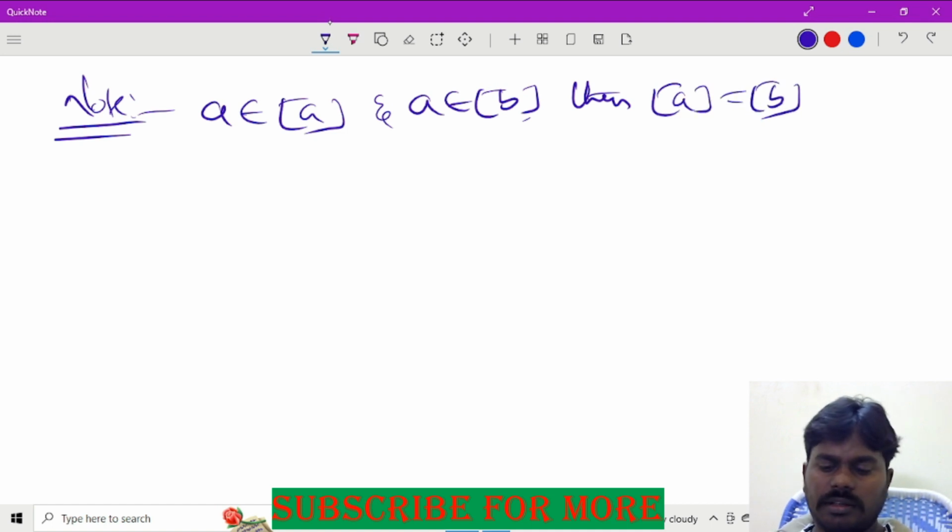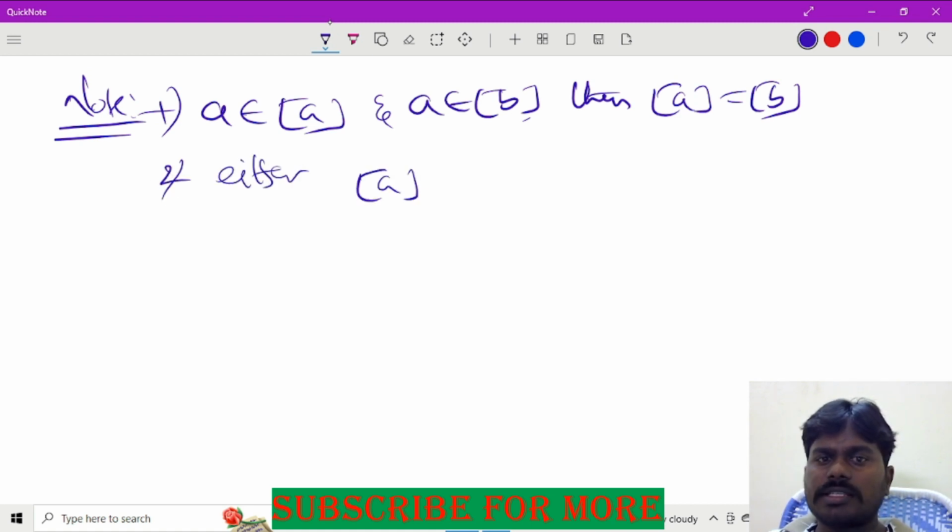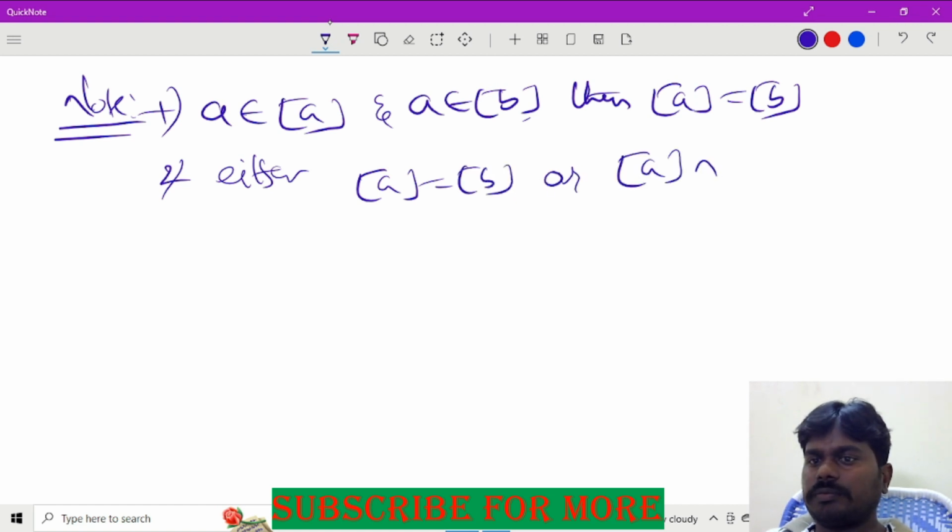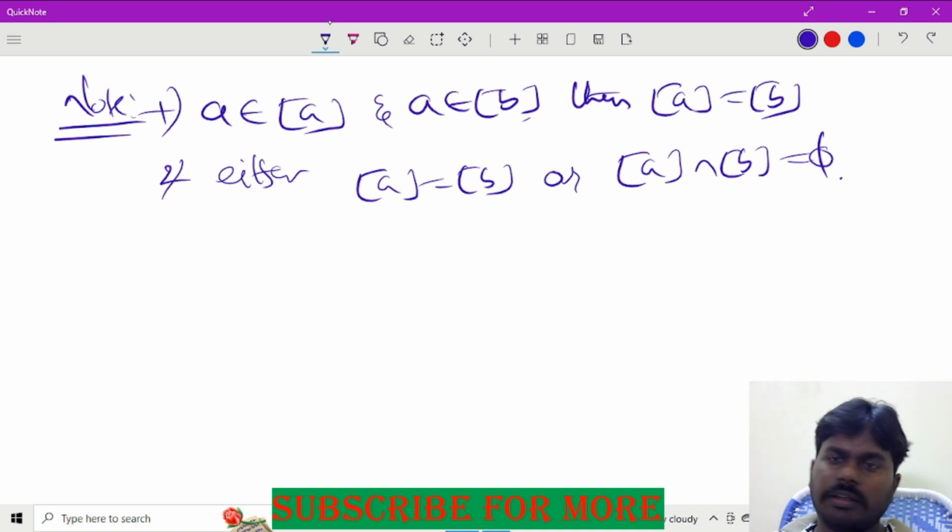That's what I said before, that when you take 0 and also 4, it gives the same class. Either both equivalence classes are equal or both are disjoint. These are the two important notes.